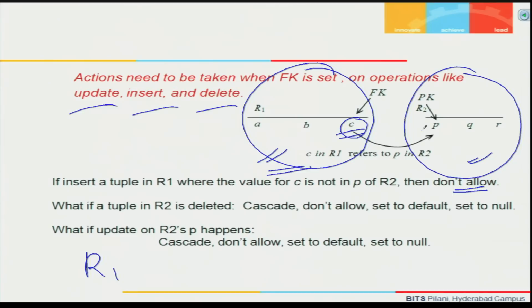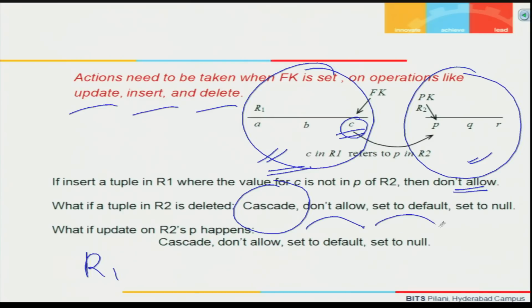First thing is cascade. That means when you delete a parent tuple in the reference table, you also delete all the tuples in the referencing table which are dependent on the tuple that is being deleted. That is cascading the delete action. Otherwise, the other strategy is you don't allow it.